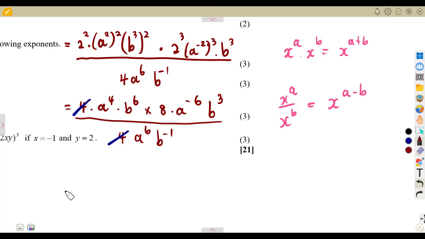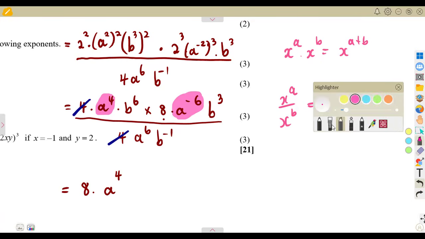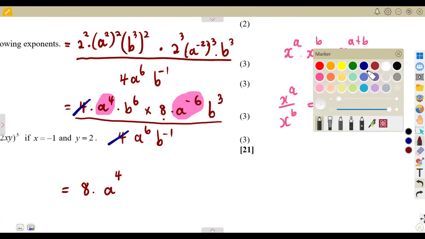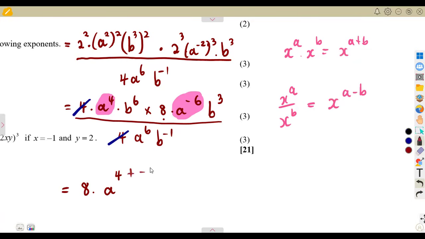I can just consider this number here because there's no other number to be considered. So I can just start with this 8. Then the a is a to the exponent of 4. So I'm considering this part of a here, this a, in the numerator, multiplying that. So I'm going to add the exponents. So meaning to say this will be plus -6.